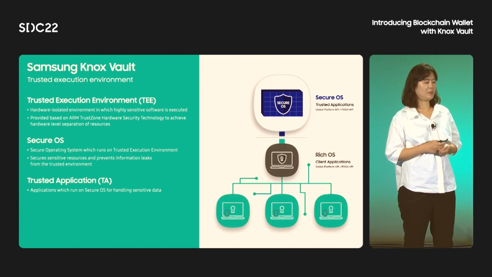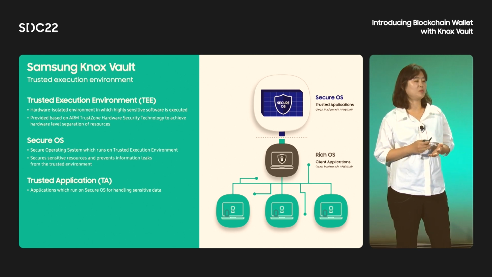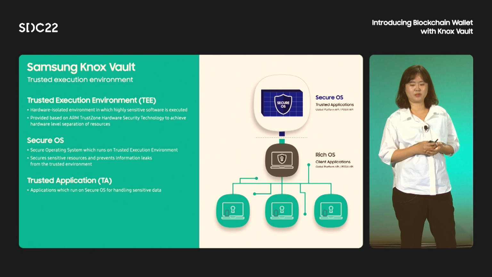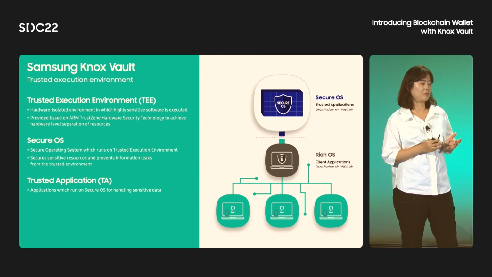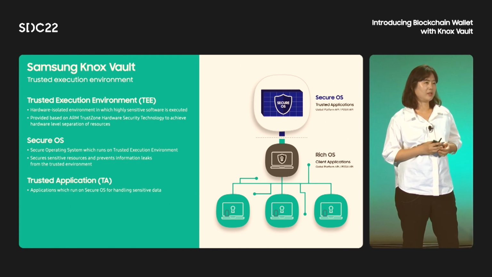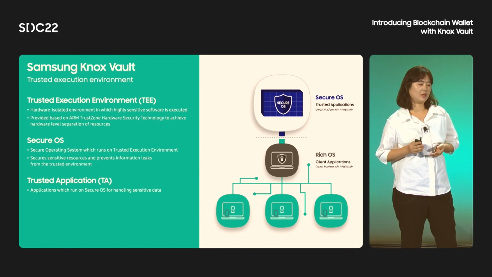On a Samsung TV, the applications which handle the sensitive data run on the trusted execution environment. The trusted execution environment is the secure area of the main processor that is separated from the system's main operating system. We call the operating system which runs on TEE a secure OS.